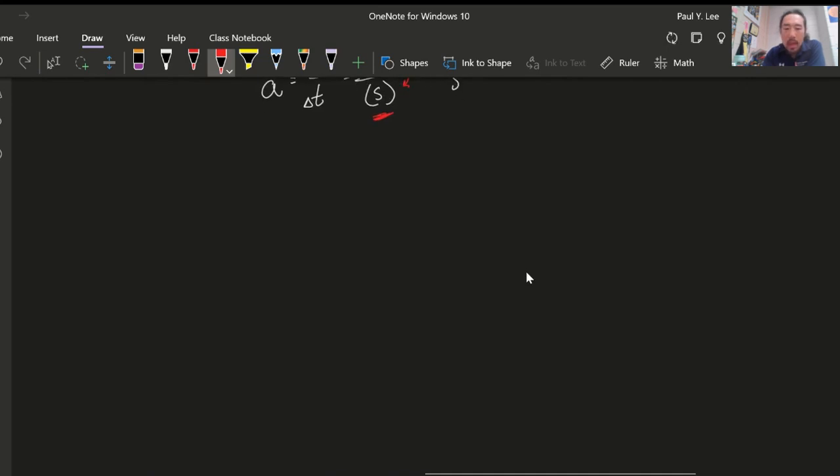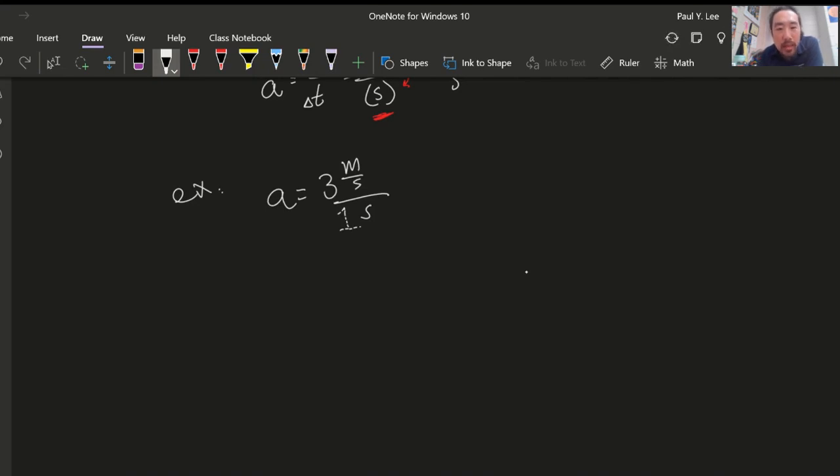So for example, if you have an acceleration of, let's say, 3 meters per second, okay? Now remember, in the denominator, technically, there's a number 1. So if we have an object that has an acceleration of 3 meters per second every second, this right here, in my opinion, tells you a lot more than if we were to say 3 meters per second squared. So the example is, if you have an object with an initial velocity of 0, so we are starting from rest, and we have an acceleration of 3 meters per second every second.